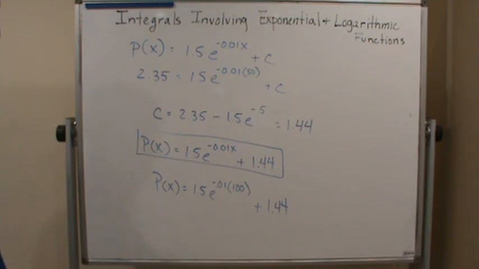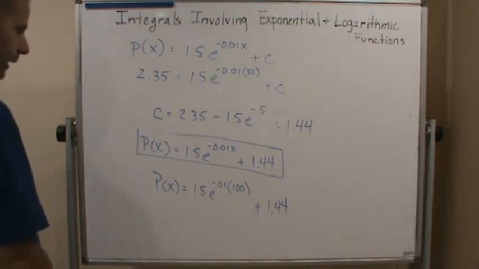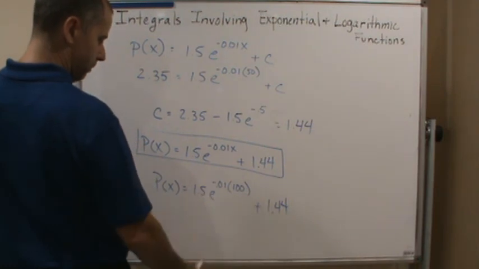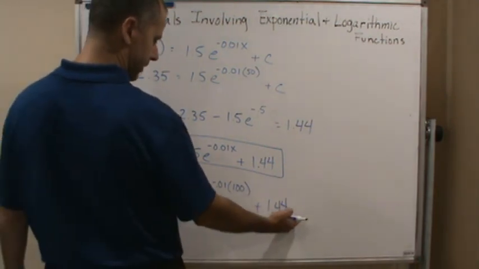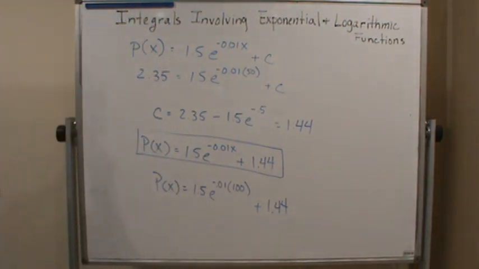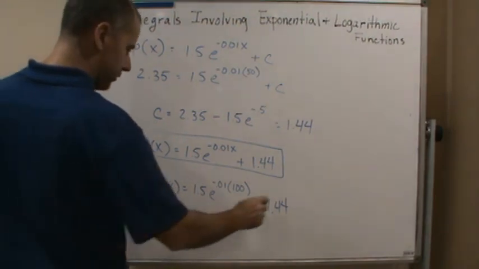By the way, if they don't sell any tubes per week, this is like the starting price for the tube, $1.44. Again, the interpretation may not be meaningful, but nonetheless. So what does this mean?